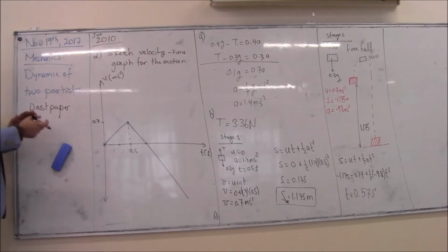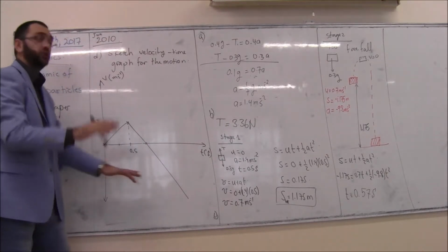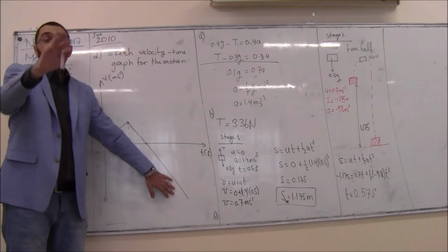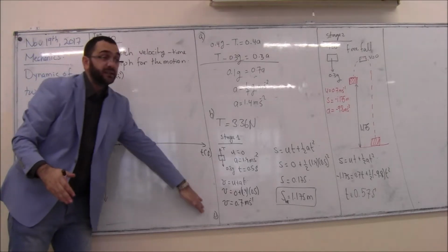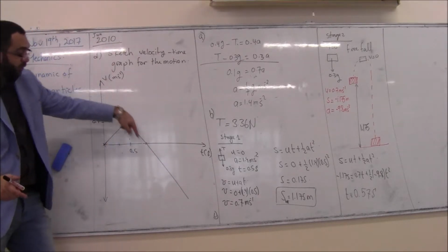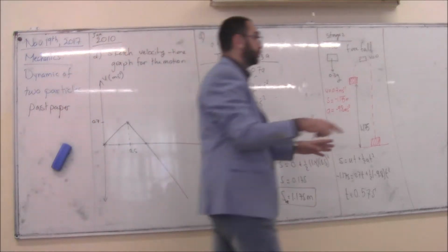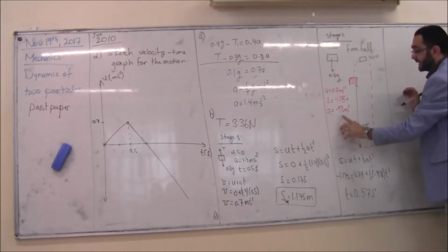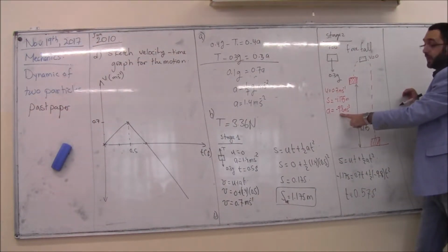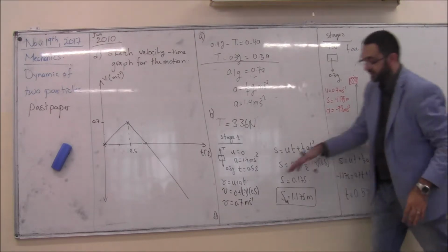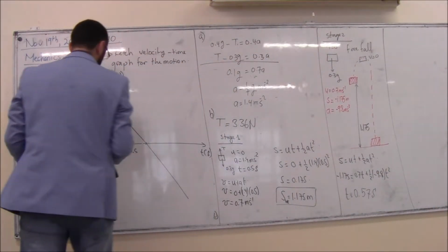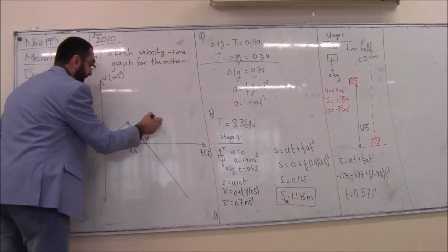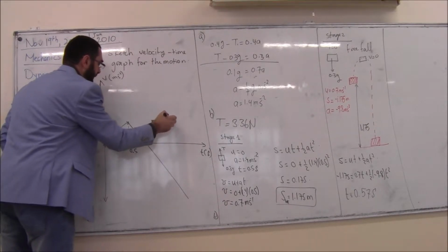We don't have values, but the same gradient in the whole stage 2: negative 9.8. So this is the sketch for the graph. Here is the maximum height.